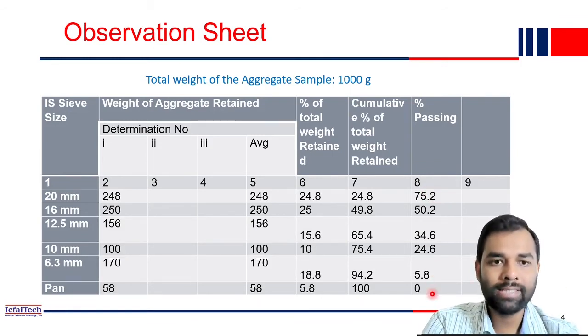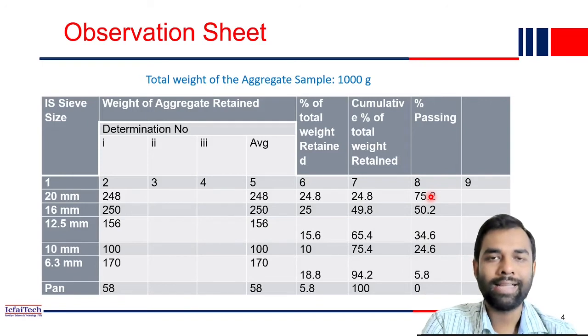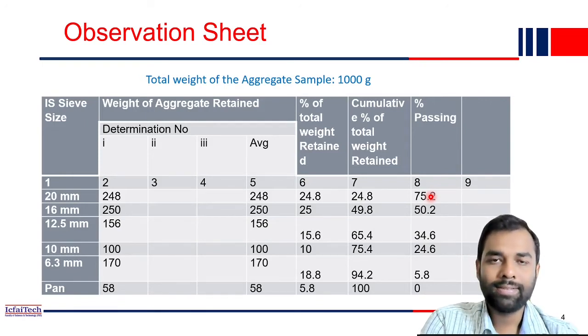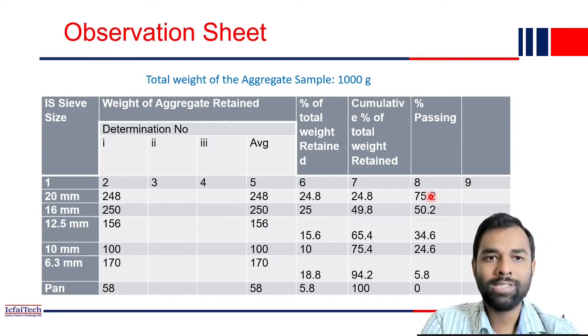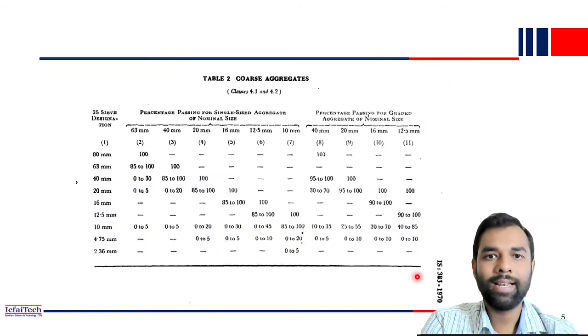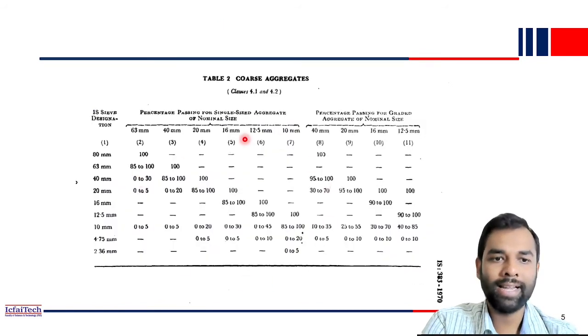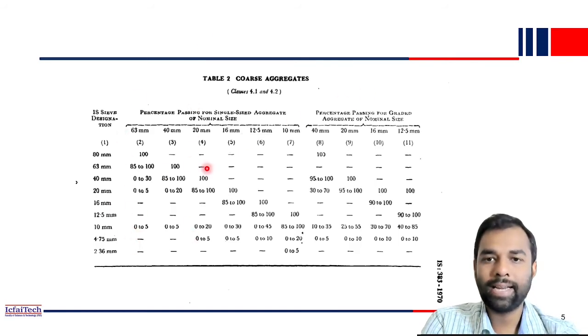Now, based on these values, we can classify the aggregate under which category it falls, whether it is 20 or 16 or whatever it may be. Once we get this table, we use the chart I showed you earlier, that is IS 383. Here you will see different categories of aggregates.